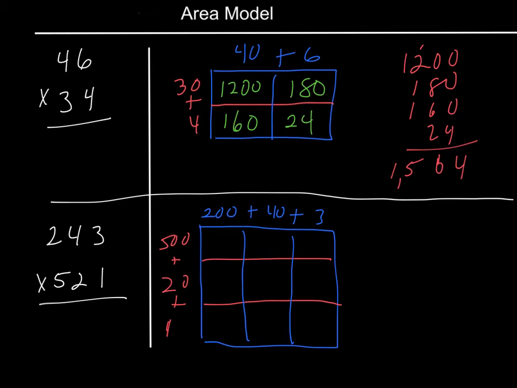500 times 200 gives me 1, 2, 3, 4, 5 zeros. And then this is 1, 2, 3, 4. One more zero in there. And then I have 1,500.